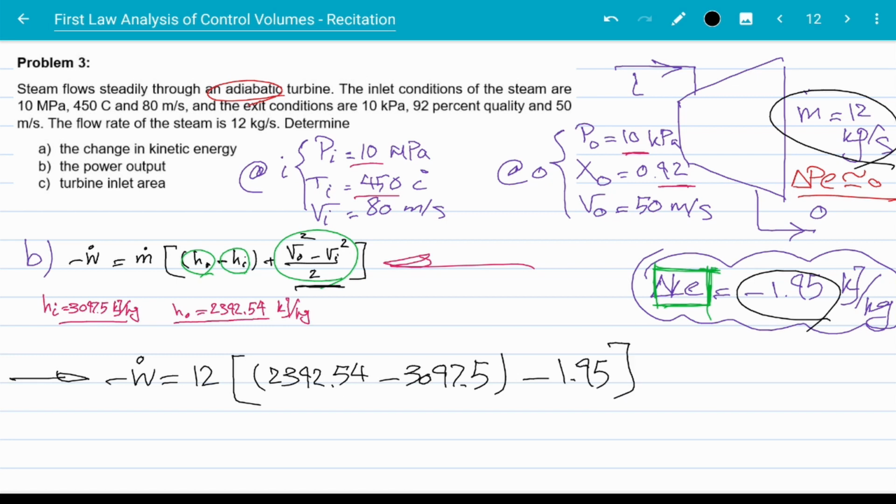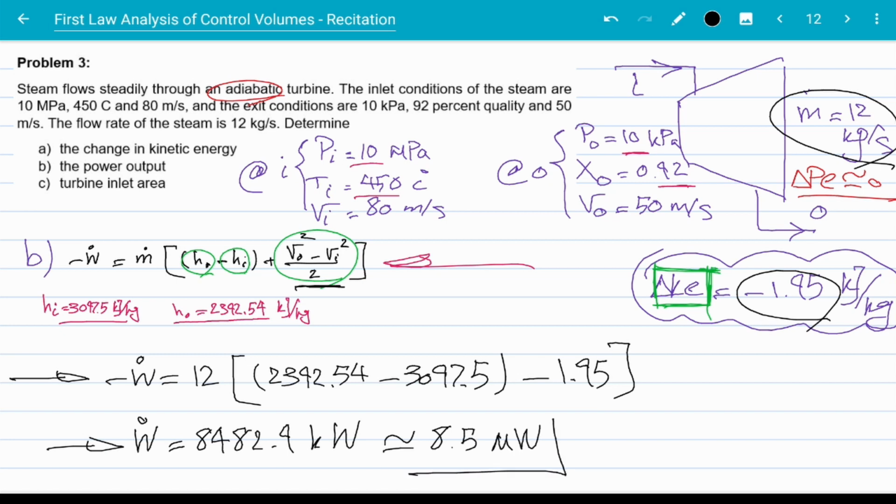Then do some math, and we get that W dot is 8,482.9 kilowatts, which is about 8.5 megawatts worth of power. So our turbine here is producing 8.5 megawatts of power.